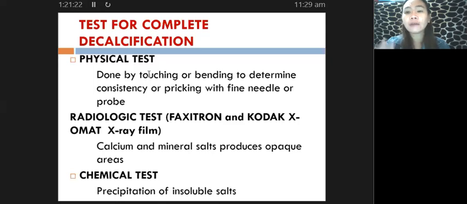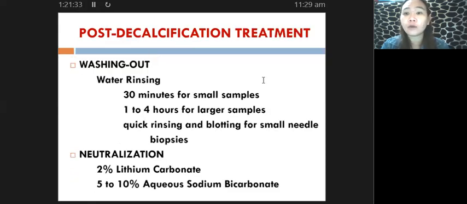After establishing that complete decalcification is already achieved, the next thing to perform is your post-decalcification treatment. Remember that your decalcifying agents may still be present in your tissue samples in excess amounts, so you have to remove them.